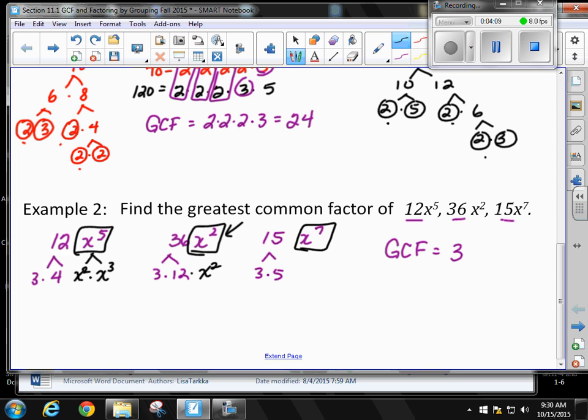When you're multiplying with same bases, you add the exponents. 2 plus 3 is 5. And likewise, x to the 7th can be written as x squared times x to the 5th, because 2 plus 5 is 7. So the greatest common factor is 3x squared, because they all have x squared in common.